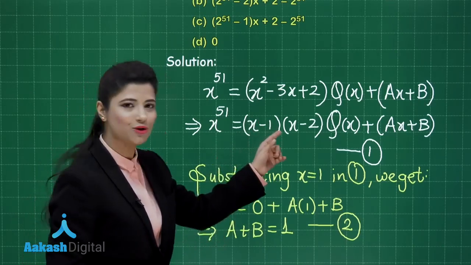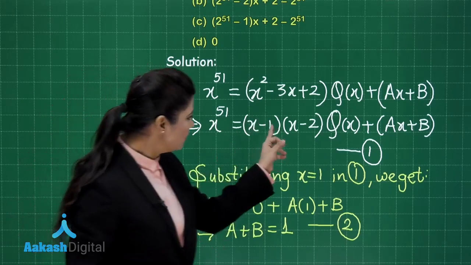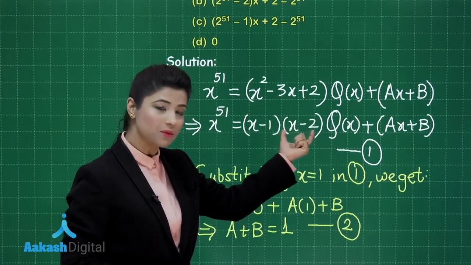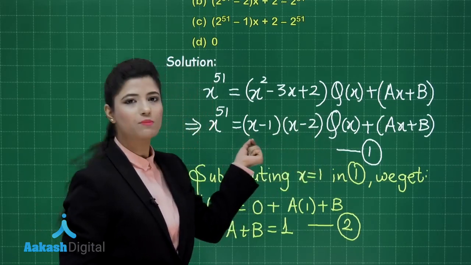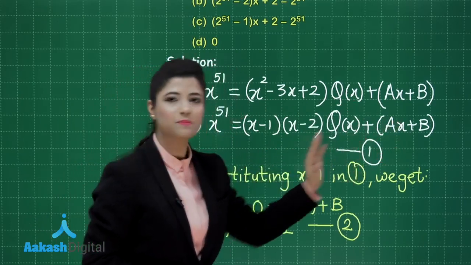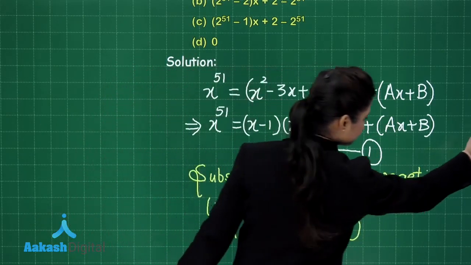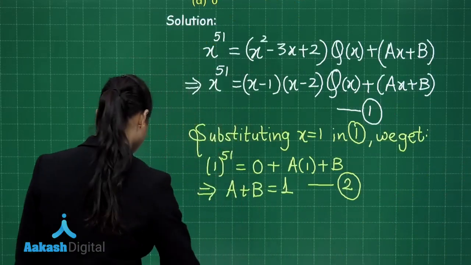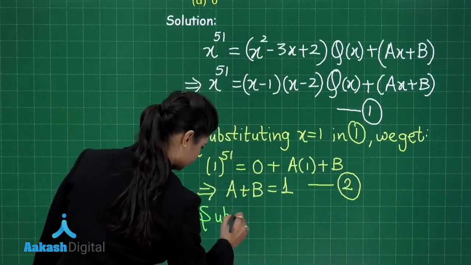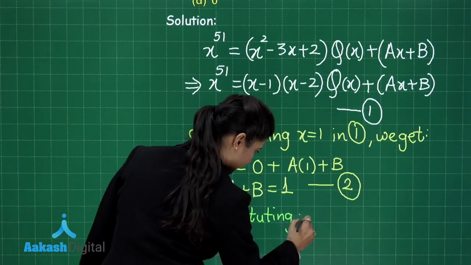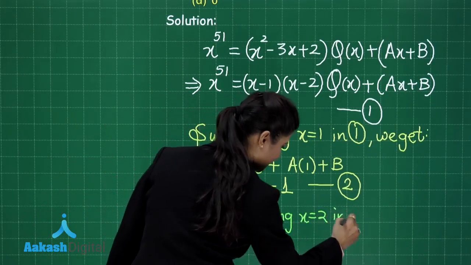You need to just substitute x as 2. The moment you substitute x as 2, this factor will become 0. 0 into any quantity, this quotient part will become 0, and this will become twice of a plus b. So let's substitute it here. Next I am substituting x as 2 in equation number 1.